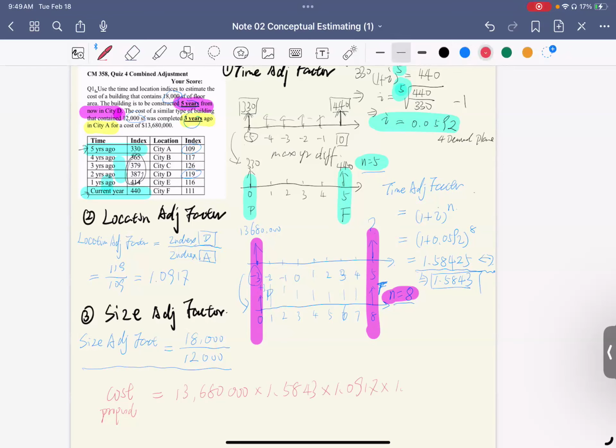I think that is 1.5, right? So this one is equal to 1.5.